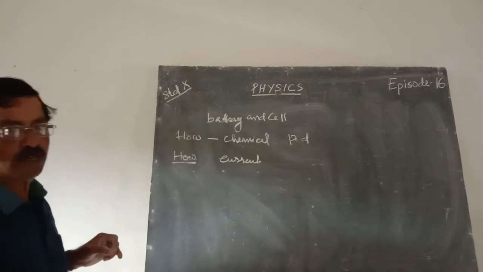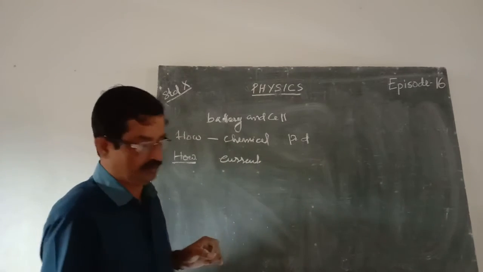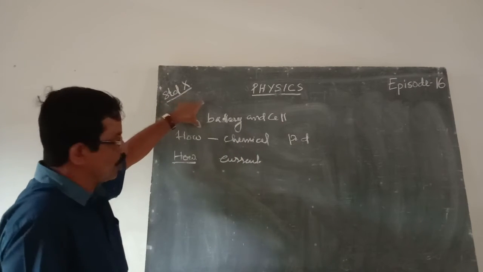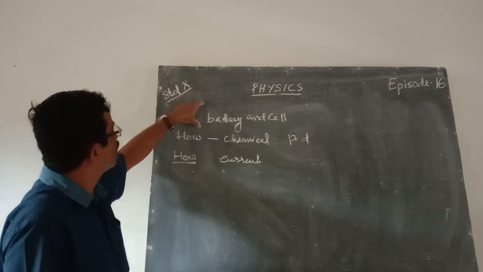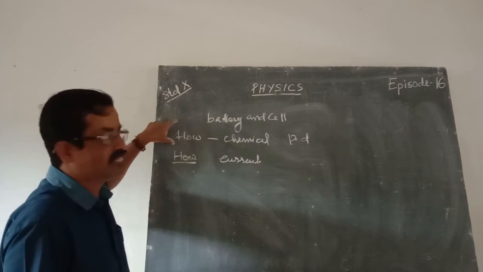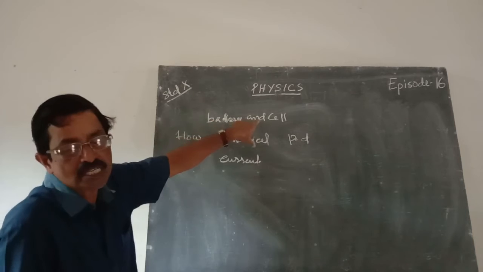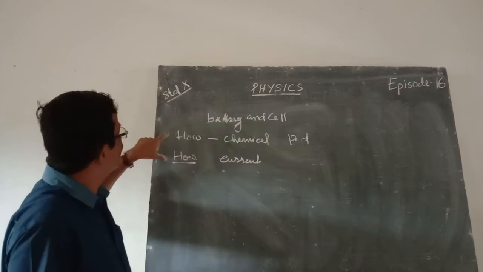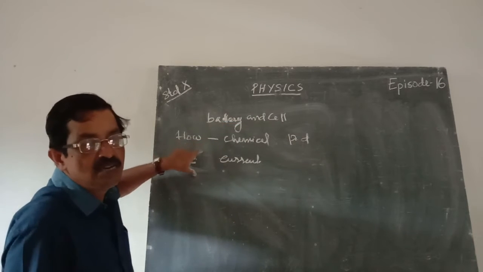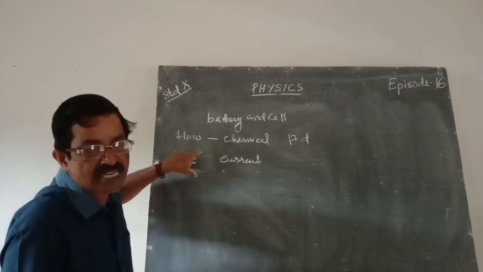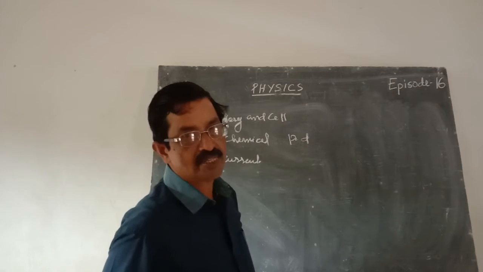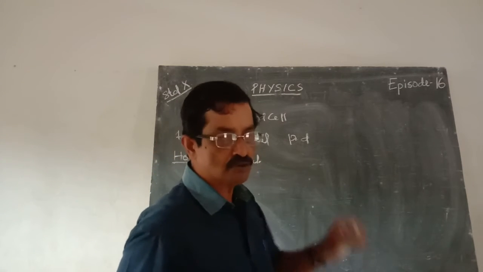So the chemical reaction within the cell develops a potential difference, which creates the movement of electrons within the conductor and produces the flow of current through the circuit.